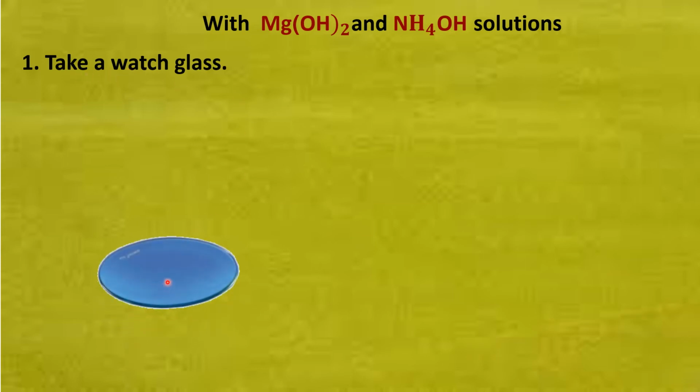Now we'll take the other two solutions and see the changes with red and blue litmus paper. The other two solutions I am taking are magnesium hydroxide and ammonium hydroxide solutions. Same thing we have to do. We have to take a watch glass for both of them. This is the watch glass.